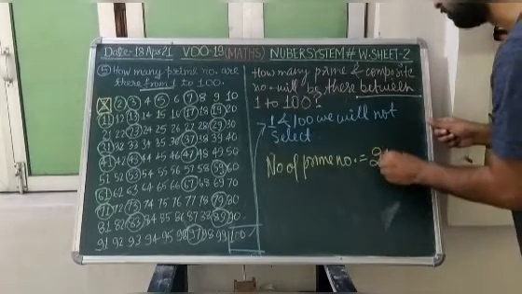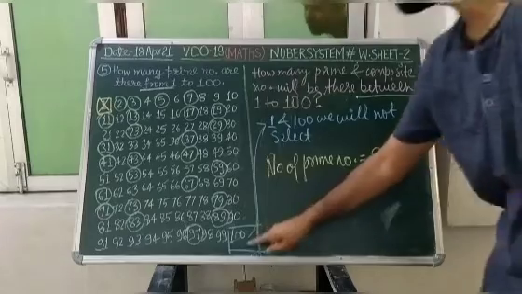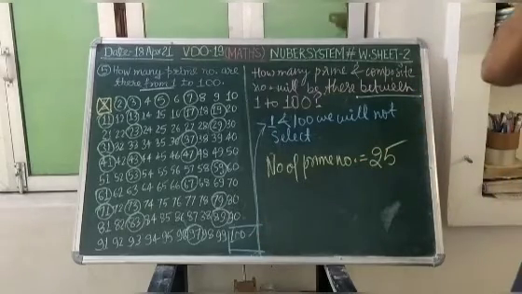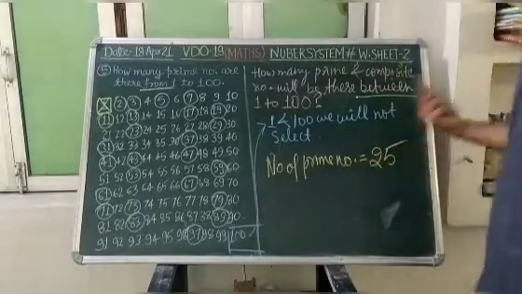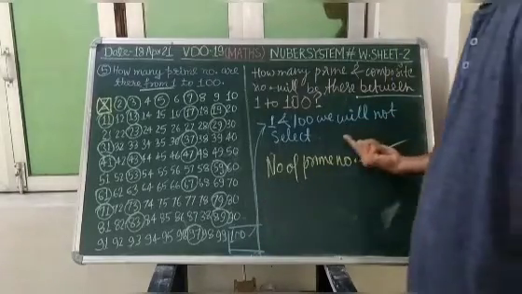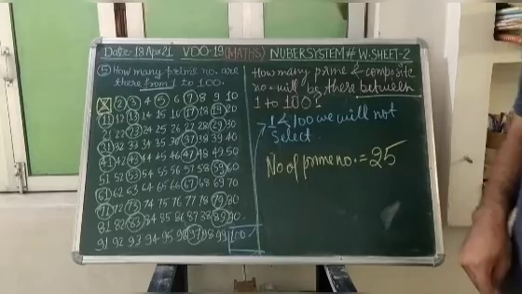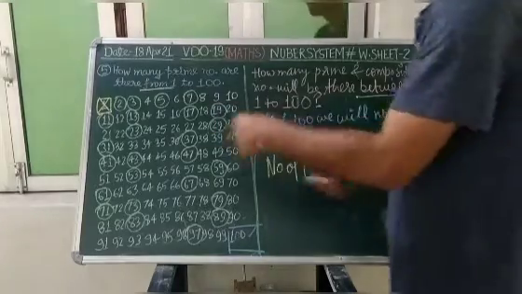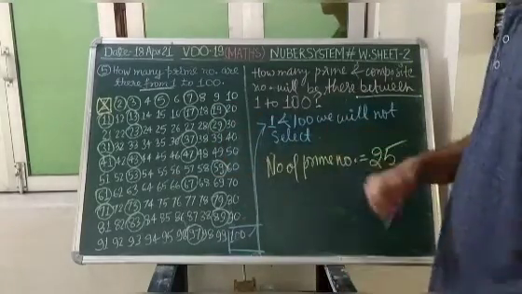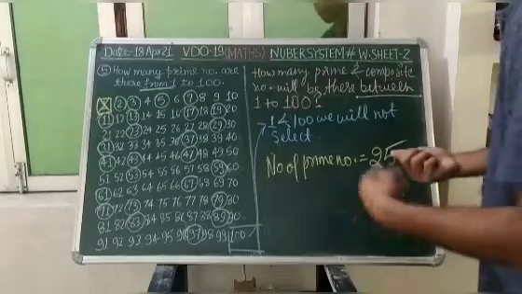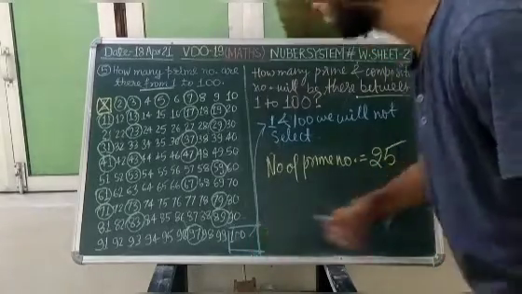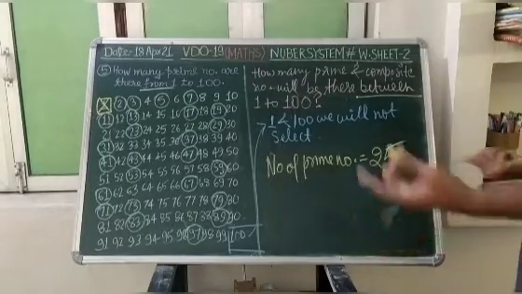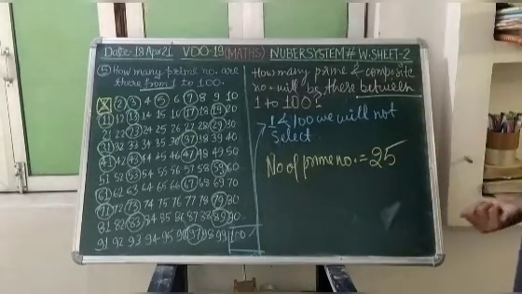There will be 25. 1 you have left, and 100 you have left, and 100 is not a prime number. So your prime number count will be the same. In the earlier case, 25 prime numbers were coming. Now when we are not selecting this 100, there will be no effect, as 100 is not a prime number.